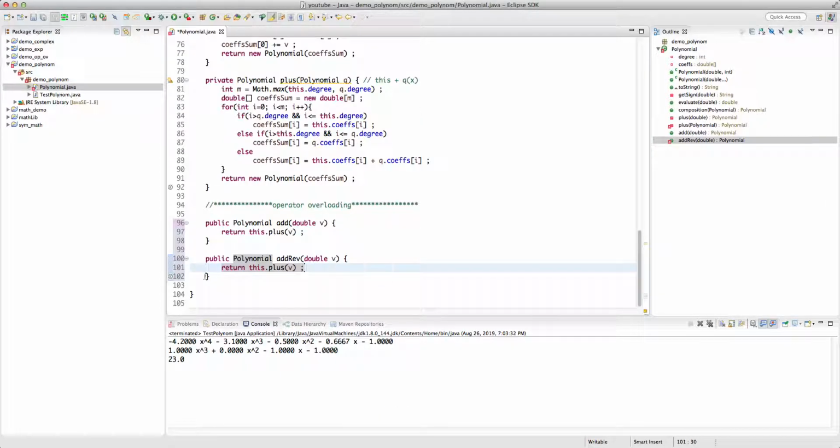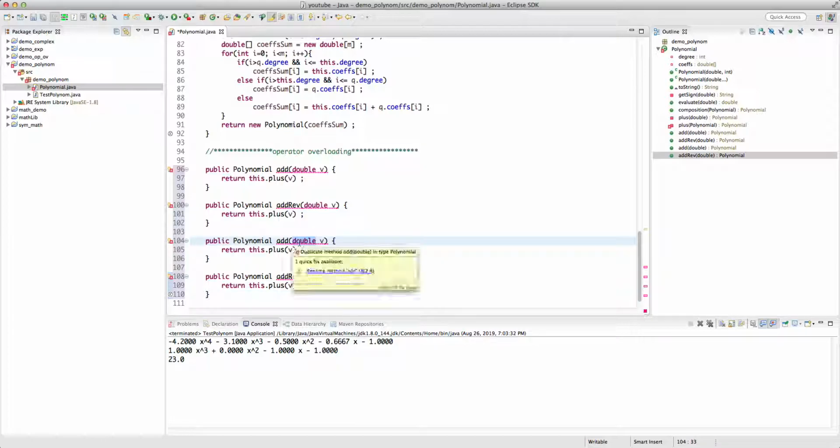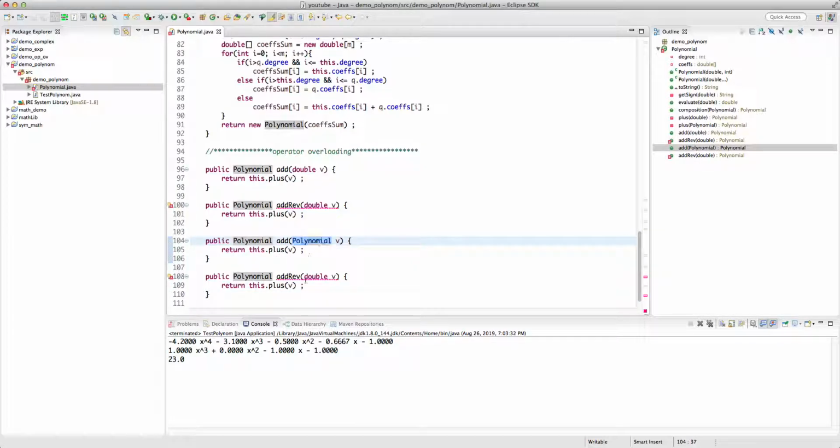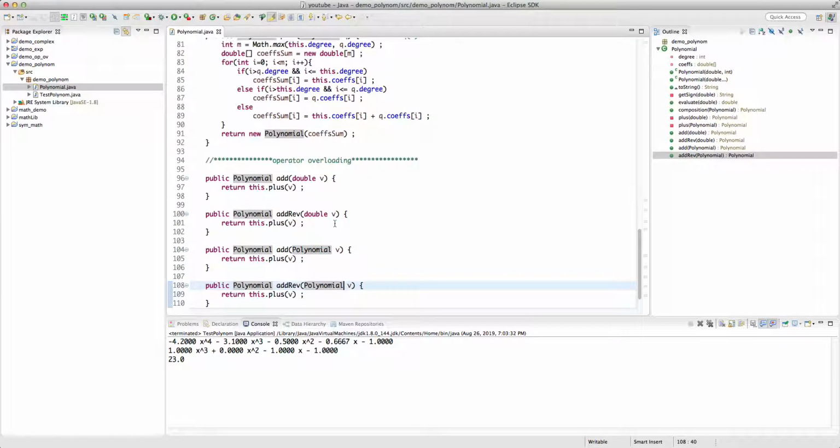Okay, and the same thing here, but here we have polynomial and it still works because we have this.